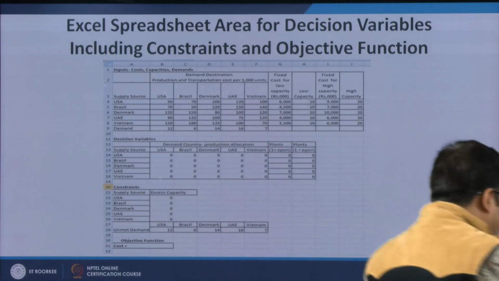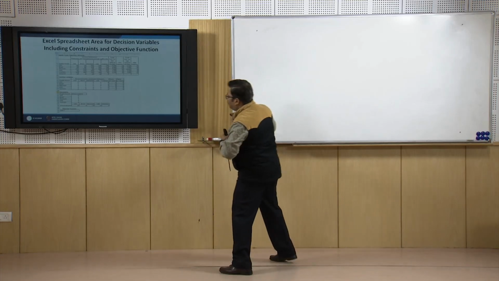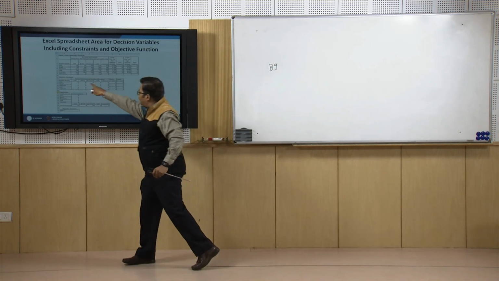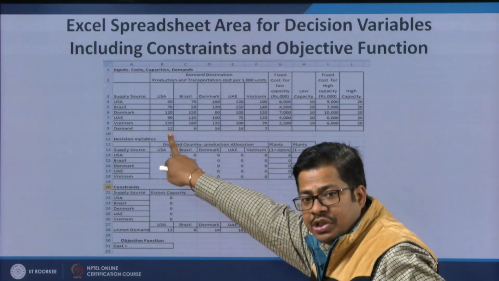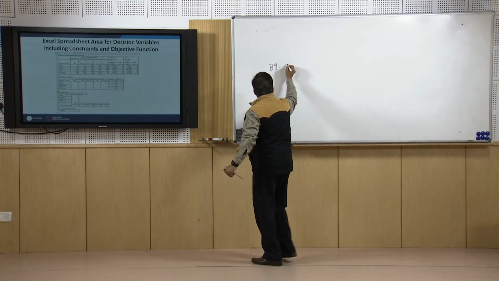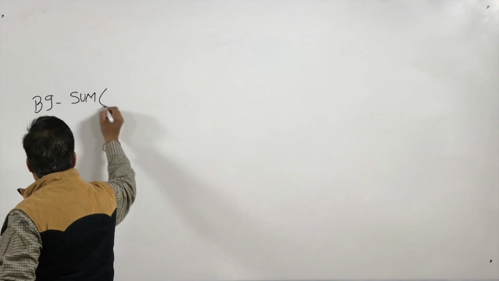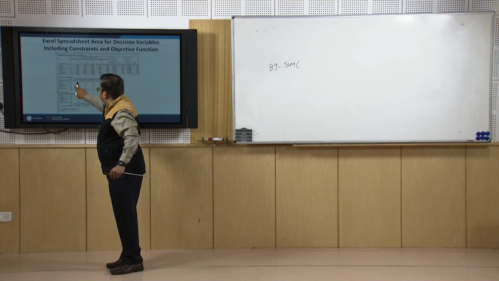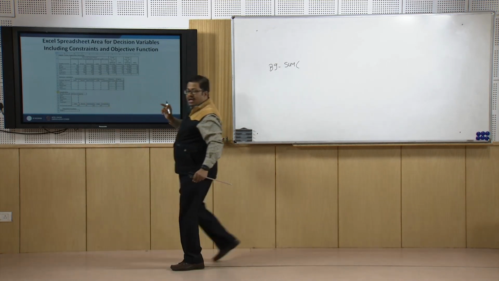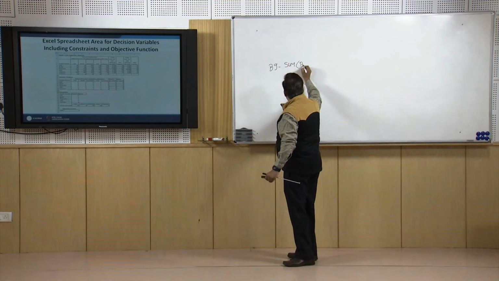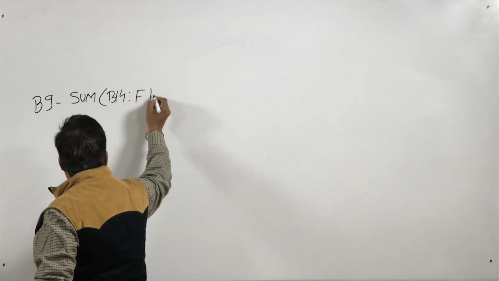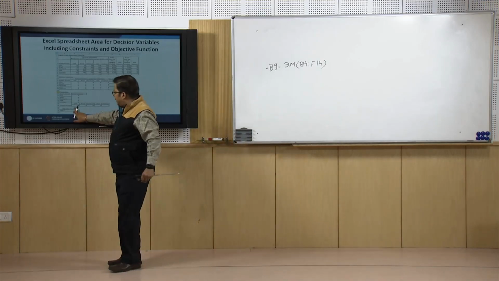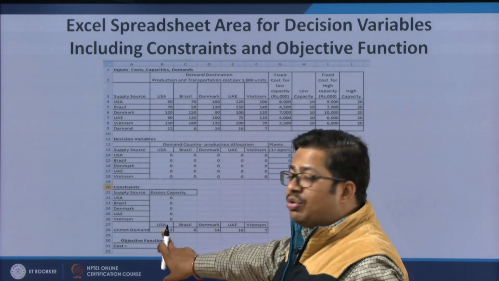What I am trying to say is that from B9, where I have written the demand of USA, minus the sum of what USA is receiving from B14 to B18, that becomes the value of unmet demand, that is B28.